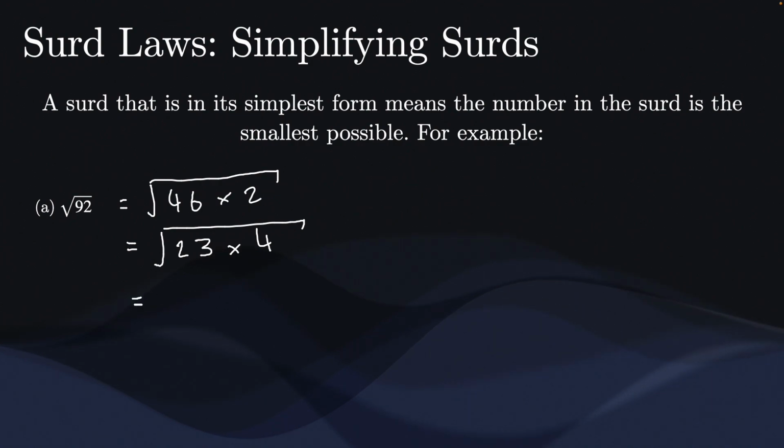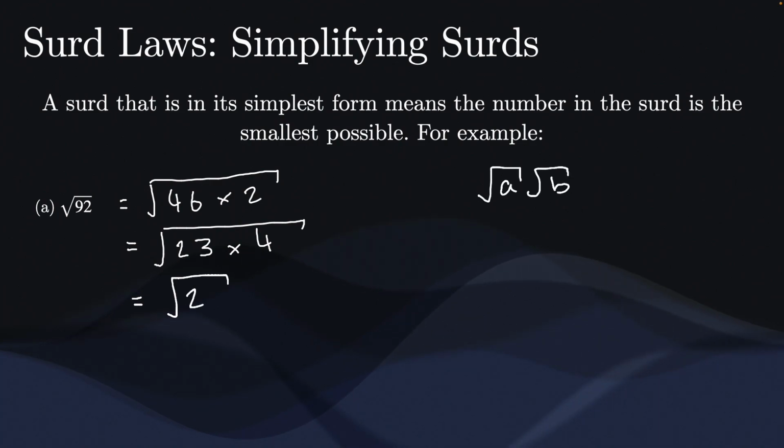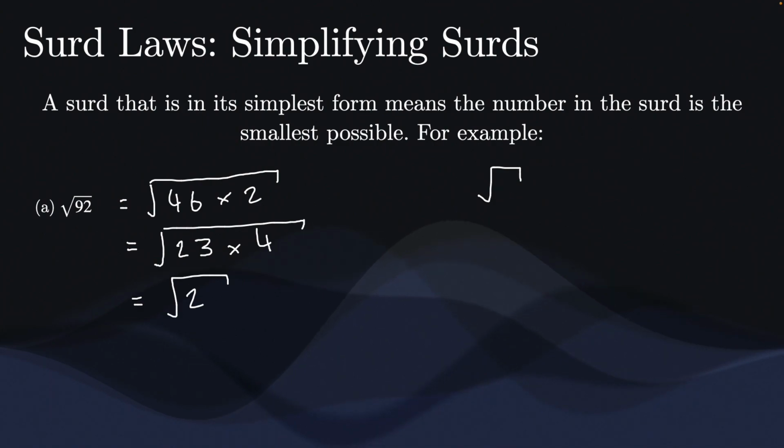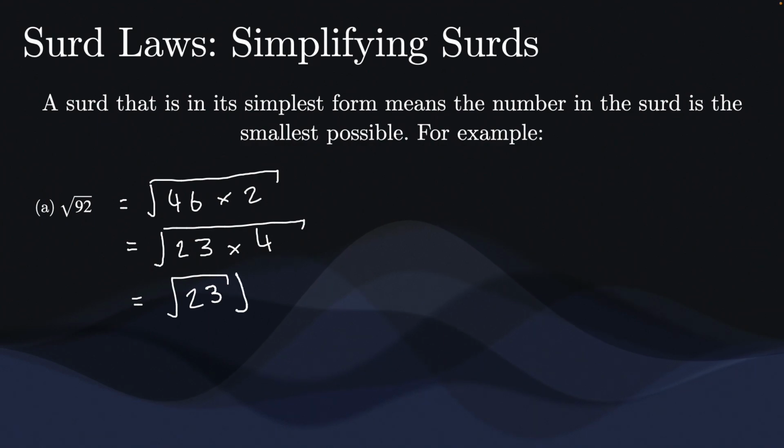And remember our previous law, which is the square root of a times the square root of b is equal to the square root of a times b, right? And here we have a is 23 and b is 4. So therefore we can just separate it into the square root of 23 times the square root of 4.